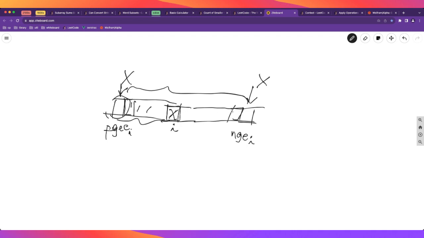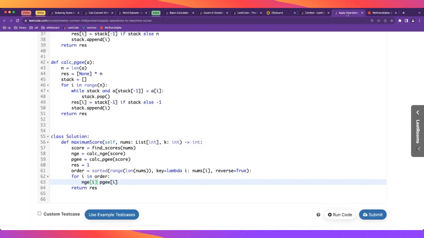We can have this one or this one or this one up to x. So that means that all the subarrays that are included in this maximal subarray are the product of all the possible left sides and all the possible right sides. So in terms of code, that is going to look like this.